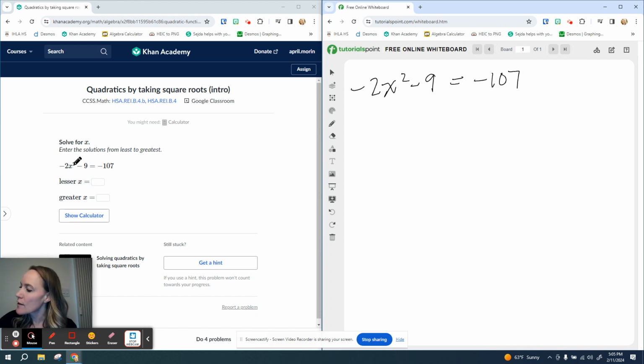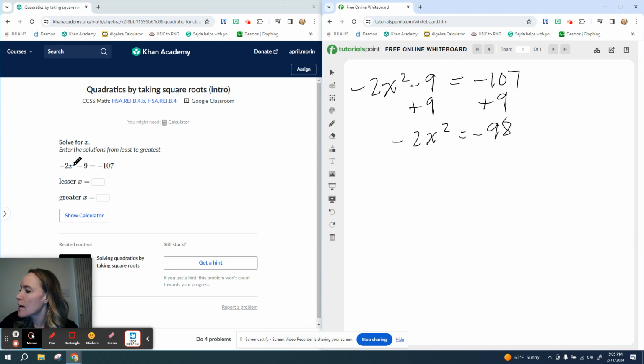So I'm going to go ahead and add 9, right? Because we want to isolate x squared. So I have negative 2x squared equals, let's see, if I add 7, then that gives me negative 100. But then I have 2 more, so that's negative 98.